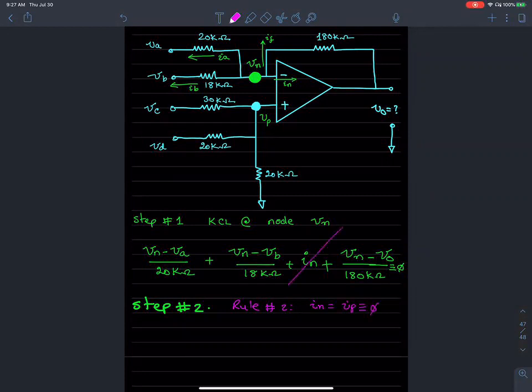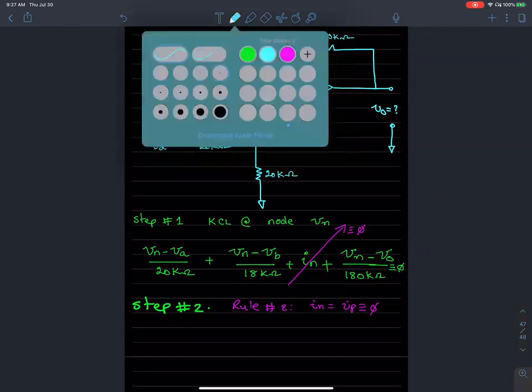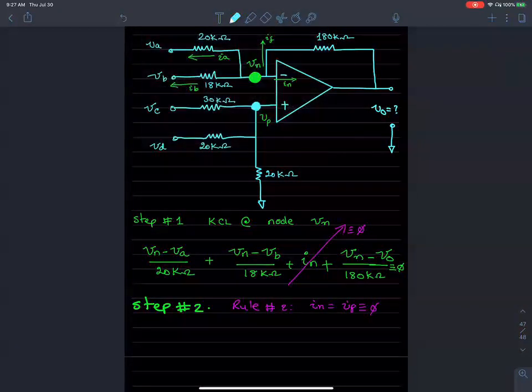So the first step is to make this guy go to zero. Rule number one tells me Vp equals Vn.